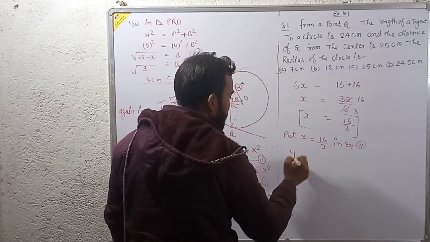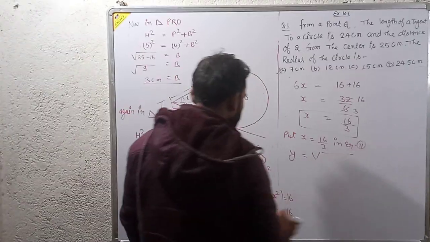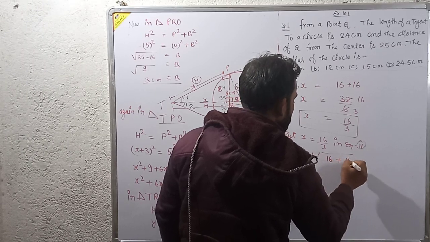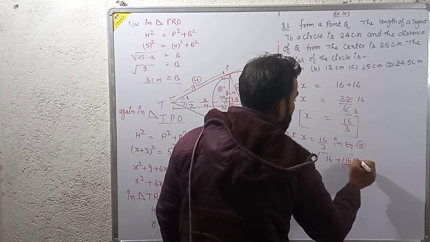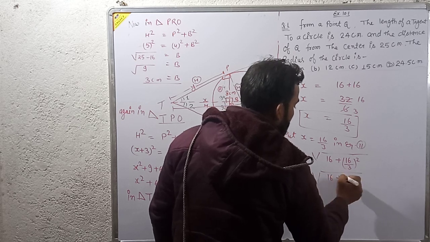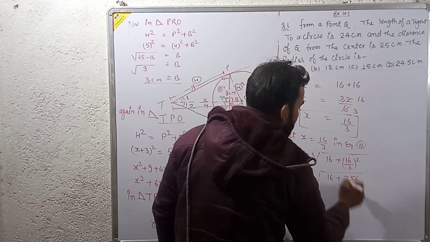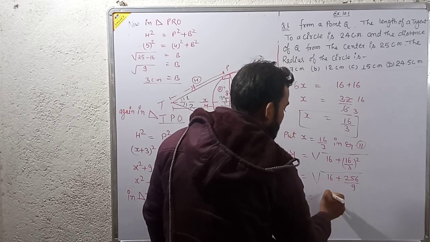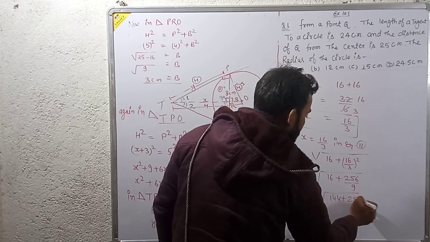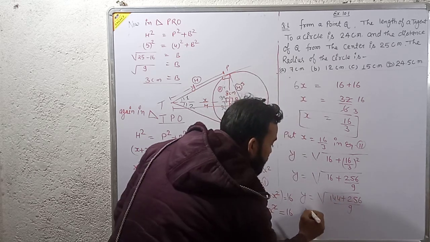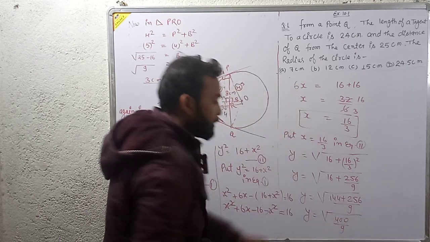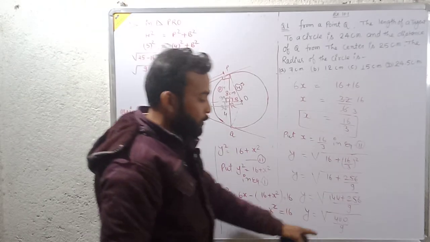So we get y is equal to root of 16 plus (16 upon 3) whole square. y is equal to the root of 16 plus 256 upon 9. y is equal to the root of (144 plus 256) upon 9. 144 plus 256 becomes 400.